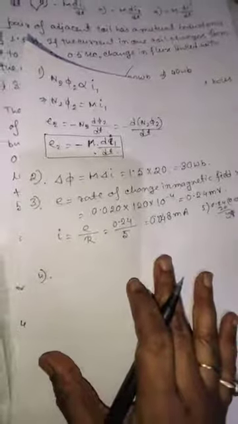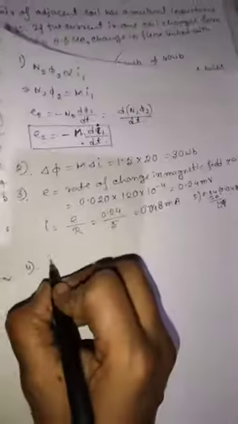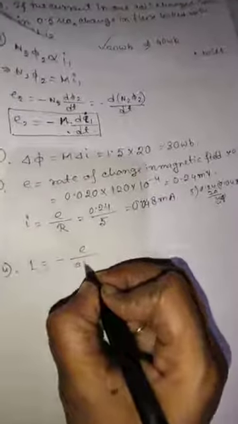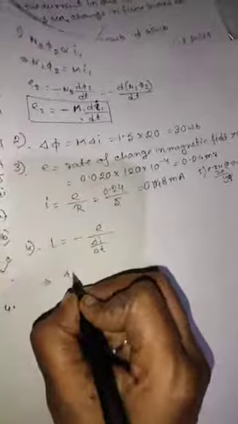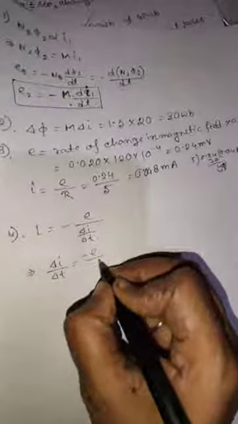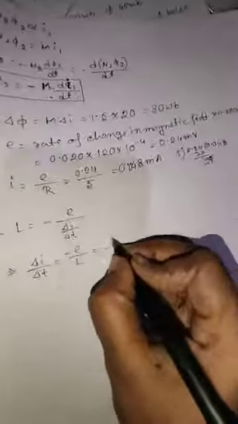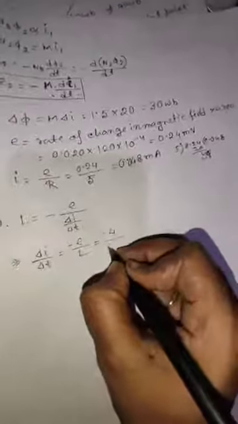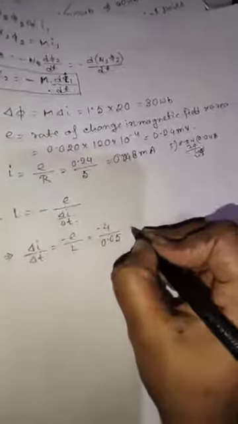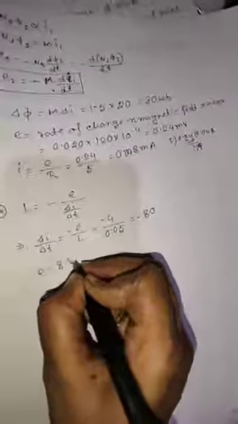Okay. So basically we know that self-induction L equals minus E divided by the change in current with respect to time, right? So therefore the change in current with time is, that is 4 divided by 0.05, that is basically minus 80. E equals 8 volt.